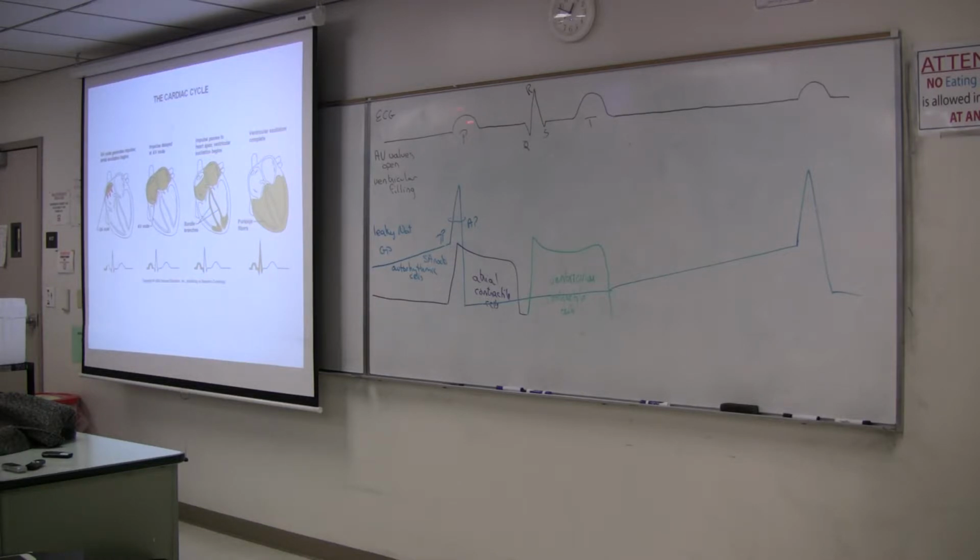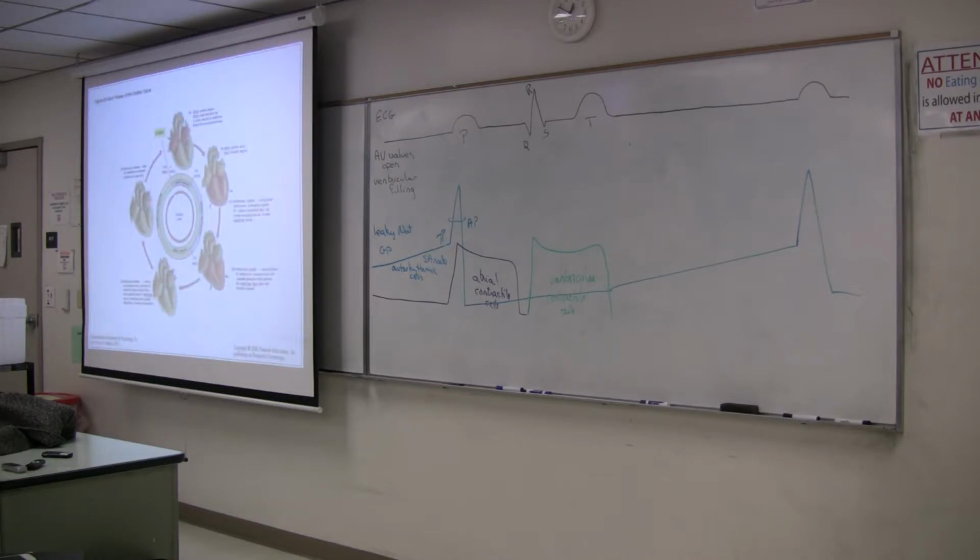And again, this is not showing depolarization and repolarization of a single cell, it's showing the atria depolarizing in a wave in relationship to what the current is in the skin. So it's not the same as this, which is one individual cell change. Okay? So you can see that passing through, and then the T wave is when, as a series, the ventricular contractile cells repolarize, and then we get back into the resting heart rate, or the heart at rest without the atria or ventricles contracting.